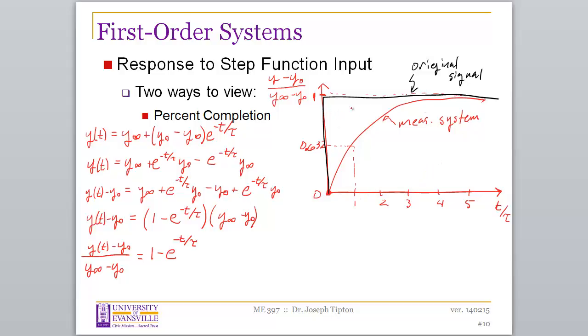So you can hopefully clearly see now the delay caused by the measurement system. We're not able to immediately measure the output after 1 time constant has passed. We still have only measured 63% completion, and it takes about 5 time constants before you're effectively measuring the original input signal.